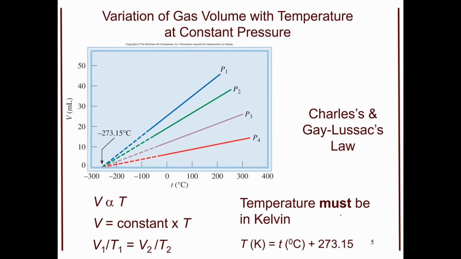The biggest part about this is that the temperature for all gas reactions when dealing with Charles and Guy-Lussac's law, and then when we get to the ideal gas law, those temperatures must be in Kelvin because of that intersecting value. So if you are given a temperature in Celsius, you must go and put it into Kelvin.